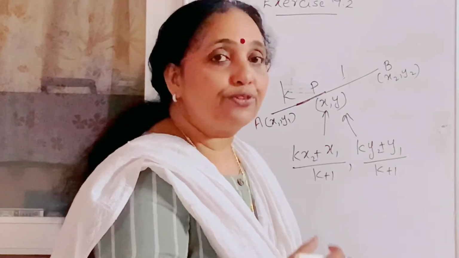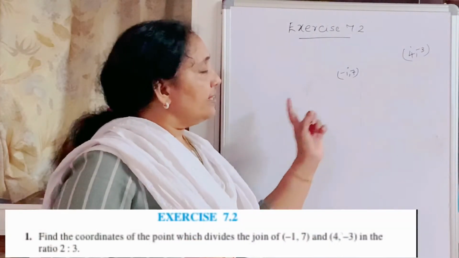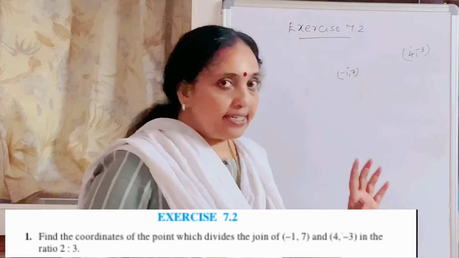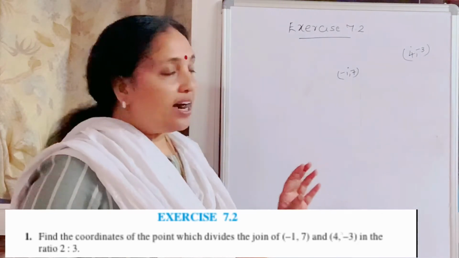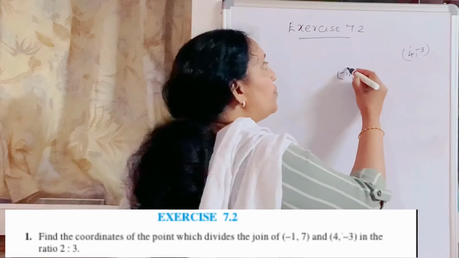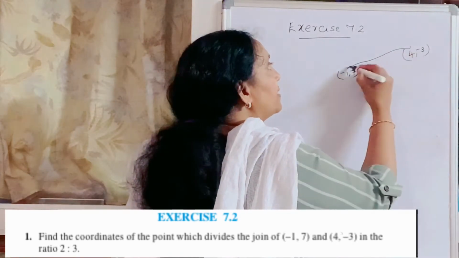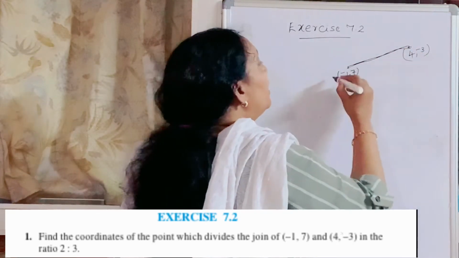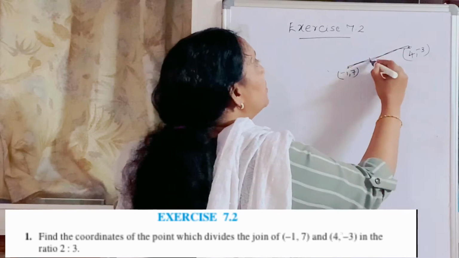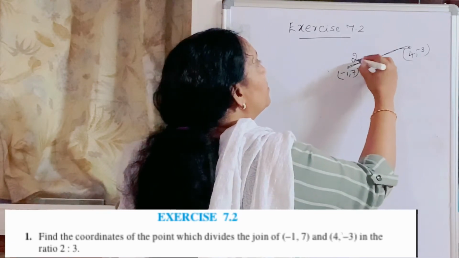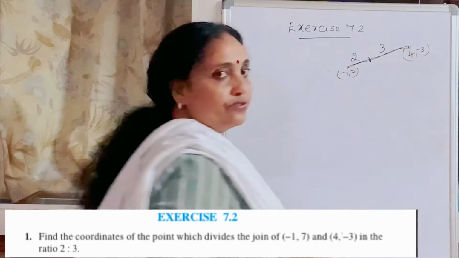Okay, let us go to the problems. Question number 1. Find the coordinates of a point which divides the line joining these 2 points in the ratio 2:3.